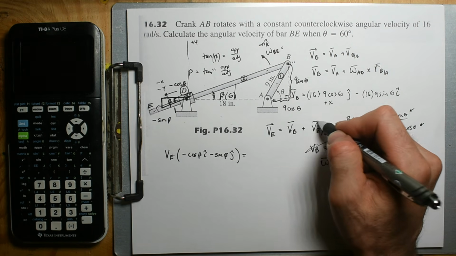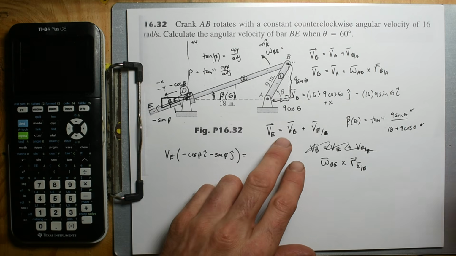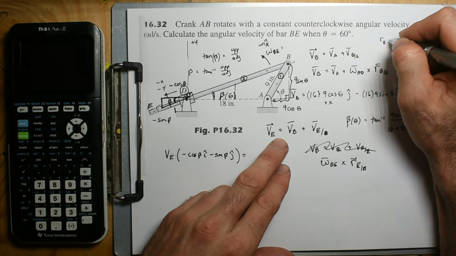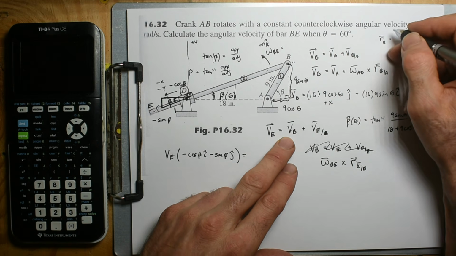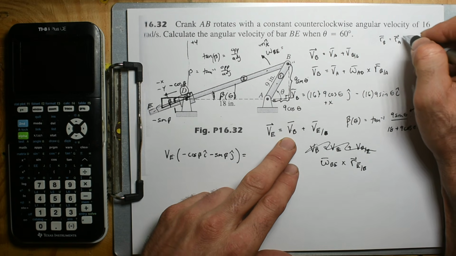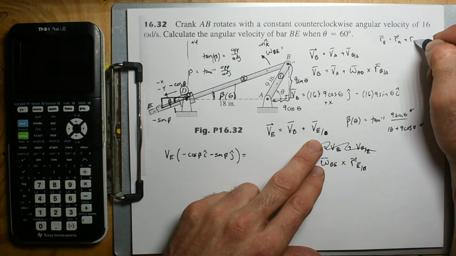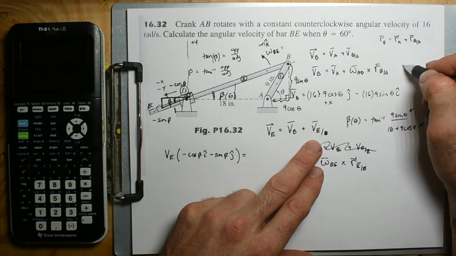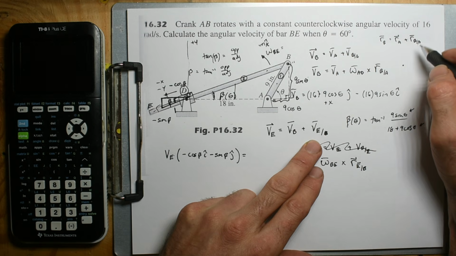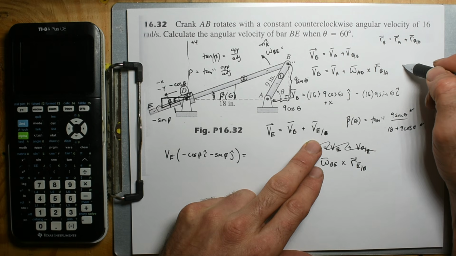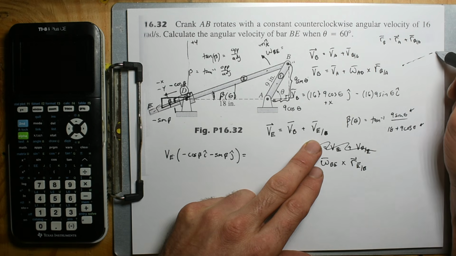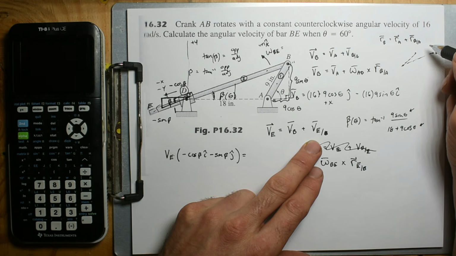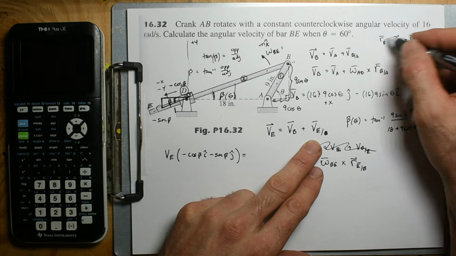And the proof on this is if you have the position of B is the position of A plus the relative position of B as seen from A. I don't want to get into this.